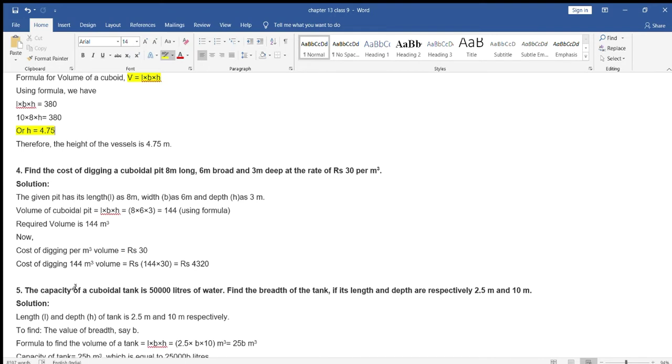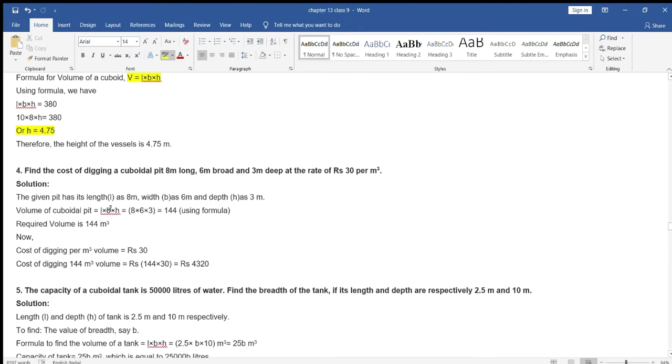Our fourth question is, we have to find the cost when we have to dig a pit which is in cuboidal shape. We have to find the cost, but see what is given to us: the rate is 30 per meter cube. So what we will do? First of all, we will find the volume, and after finding the volume, we will multiply it by the cost.